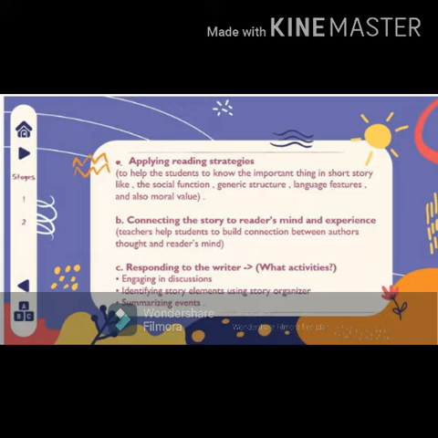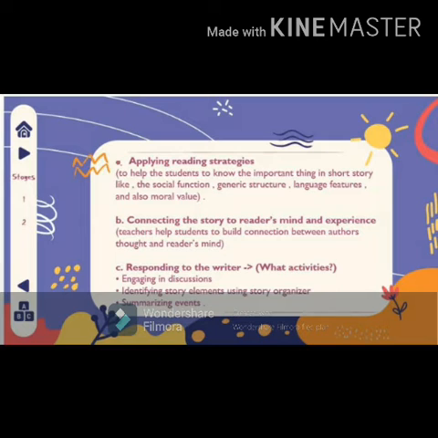B. Connecting the story to reader's mind and experience. Teachers help students to build a connection between the author's thought and the reader's mind. C. Responding to the writer. And what activities?